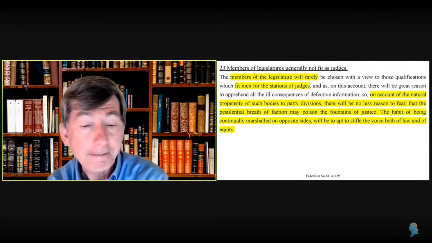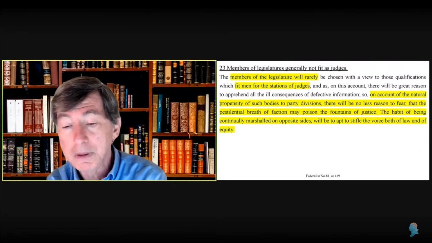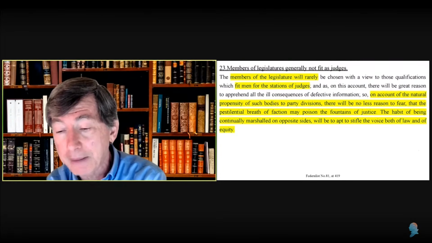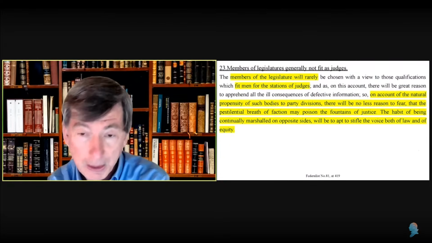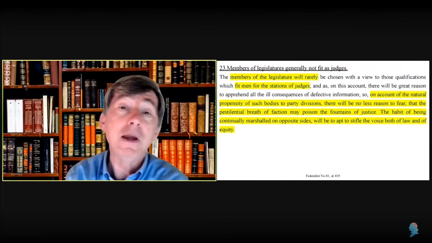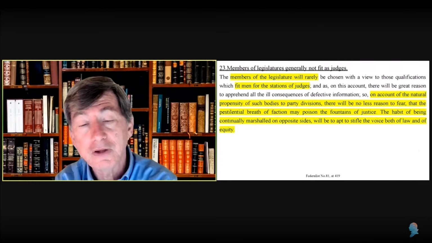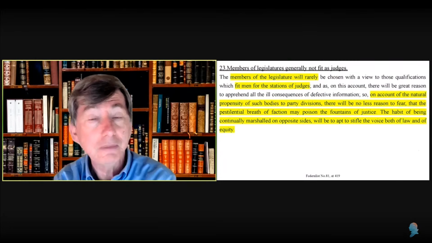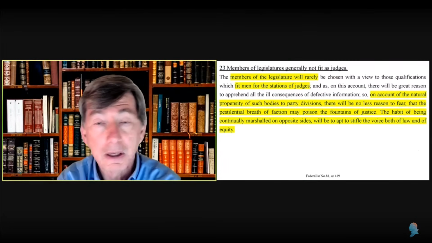The habit of being continually marshaled on opposing sides will be apt to stifle the voice both of law and of equity. There are different people who have made it to the judiciary who have a certain sense often that they seem to be acting as if they were legislators instead of judges.